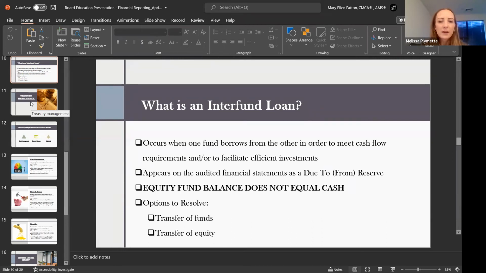They probably don't need that much money in an operating reserve. So the board might decide, okay, this money could be better served in our capital, so we're going to pass a resolution to move that money to capital reserves. So that's an example of what that transfer would look like to rectify an interfund.